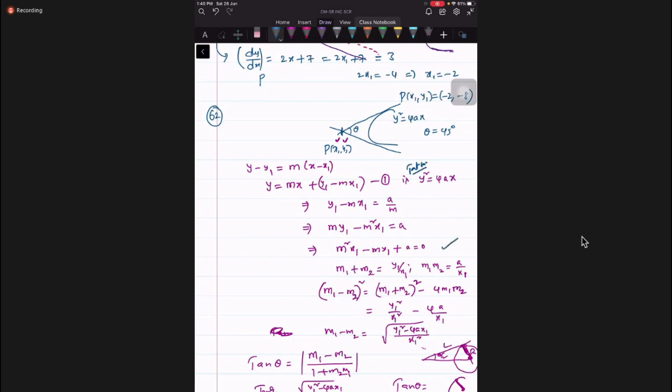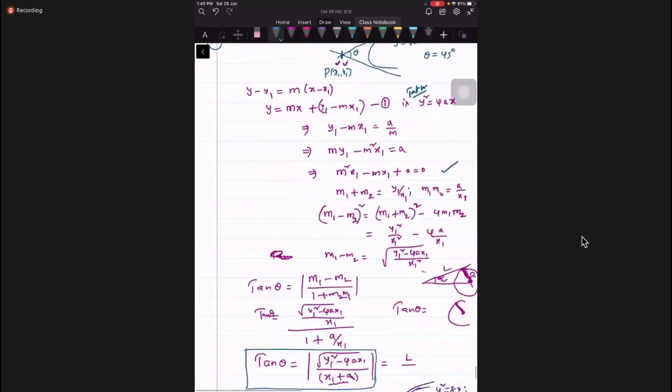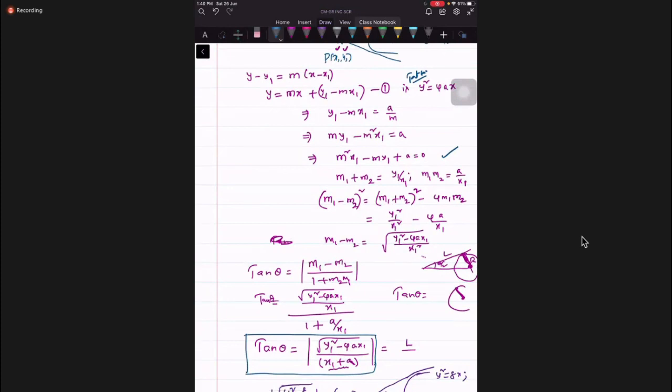Then I got a quadratic equation. Then m1 plus m2, m1 into m2, m1 minus m2. Then totally we derived the angle between the pair of tangents: root of y1 square minus 4a x1 divided by x1 plus a. All of you okay, students? Yes, sir.